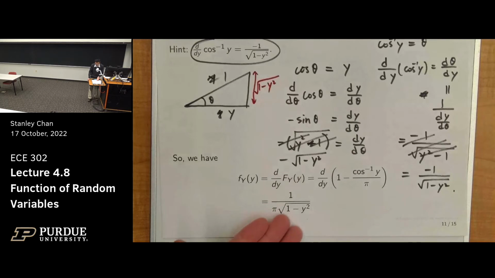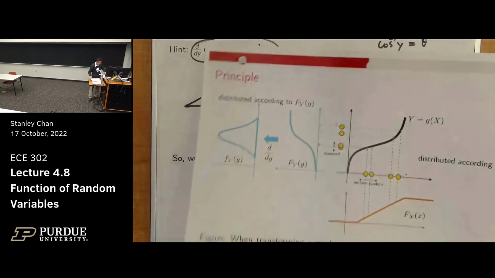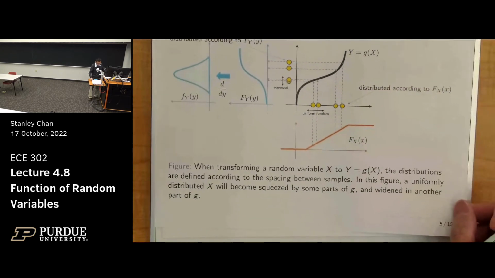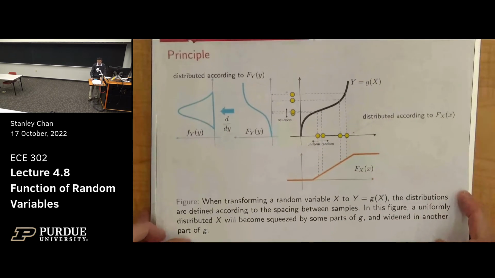Then we can get to this result of 1 over pi root of 1 minus y squared. Okay, so sorry for the little confusion here, but I think right now we are clear about what we're doing. So let me go back into this slide. This is page number 5, about the principle.